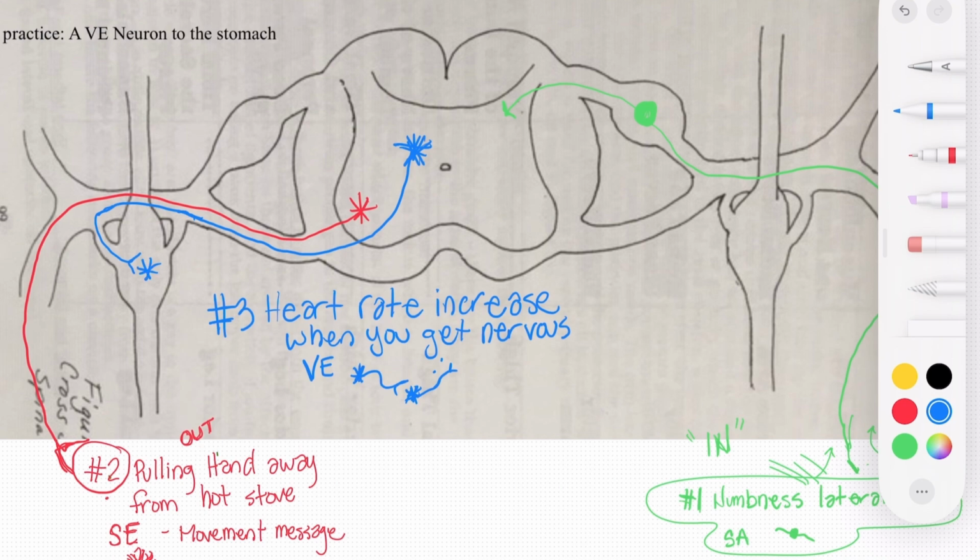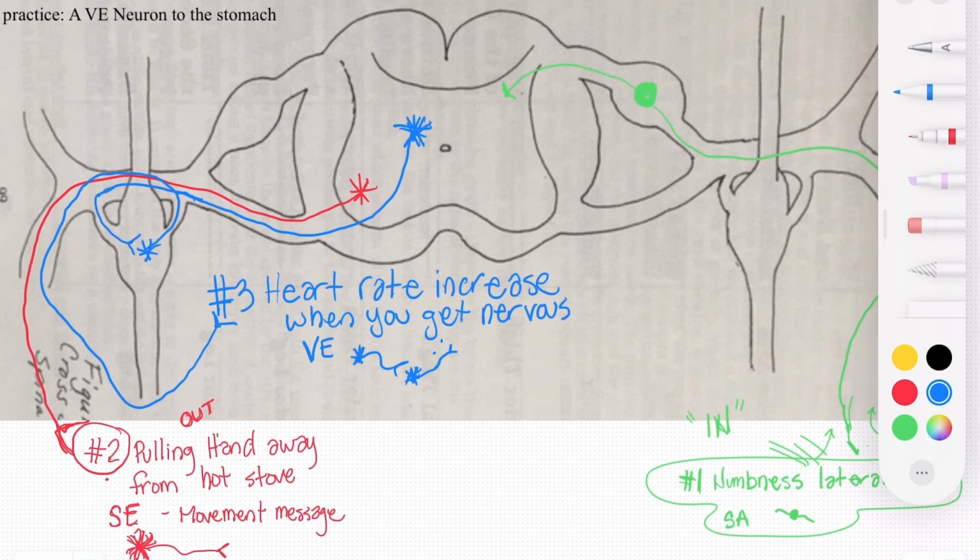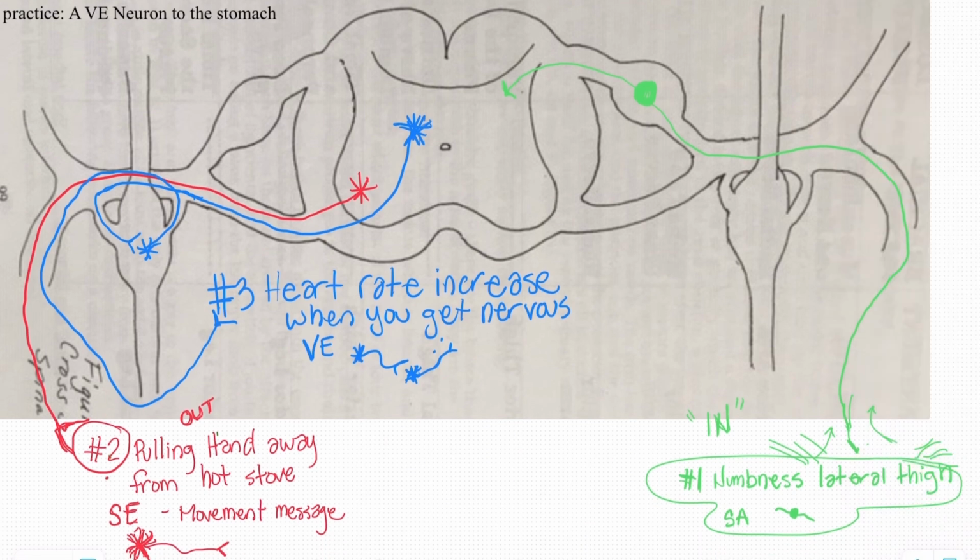Then that second multipolar neuron will travel, that's right, to the organs like the heart and tells it to speed up. So the VE path goes spinal cord, ventral root, ventral ramus, sympathetic chain, target organ. And that's how you map neurons in the spinal cord. Remember, dorsal, sensory in, ventral, motor out.